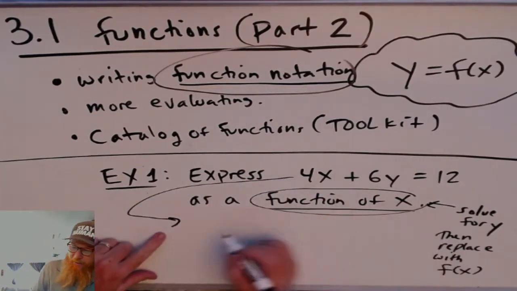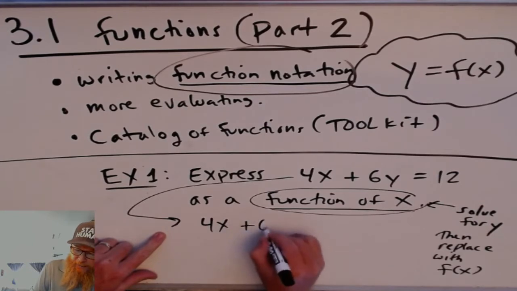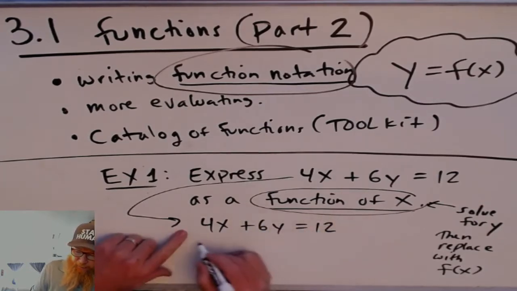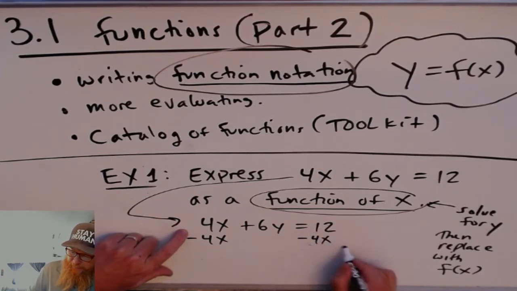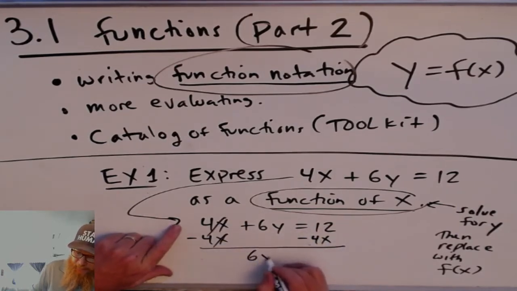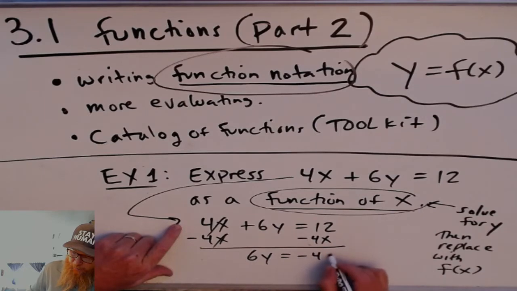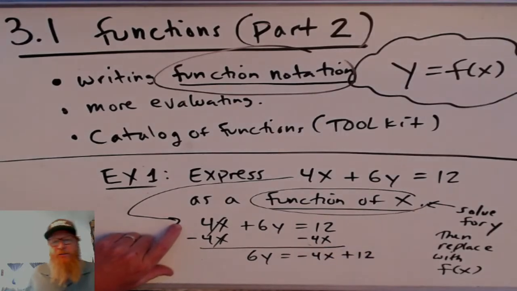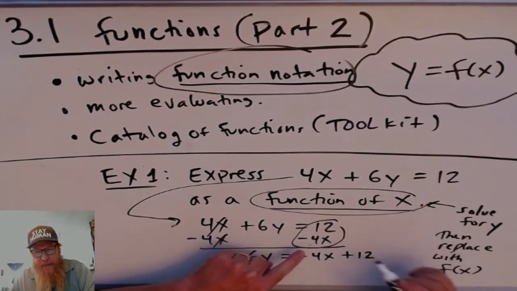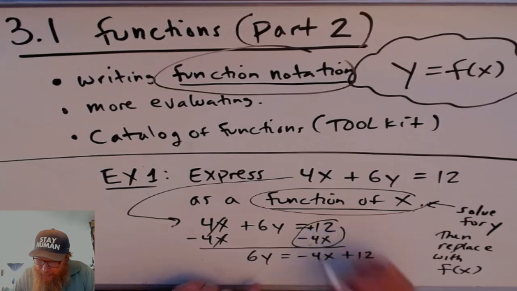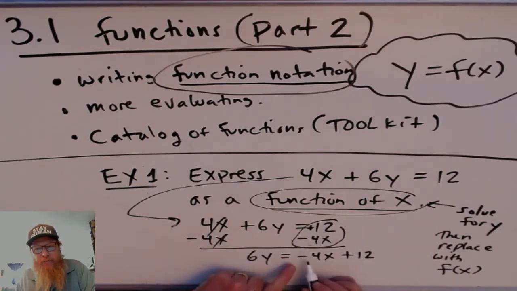So you're going to solve this equation for y. Let me just rewrite it here. You're going to subtract 4x from both sides. So you're going to get 6y equals negative 4x plus 12. Remember, this looks like 12 minus 4x, but you're actually adding positive 12 and negative 4.